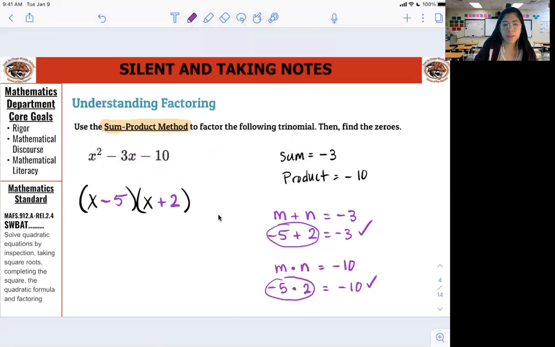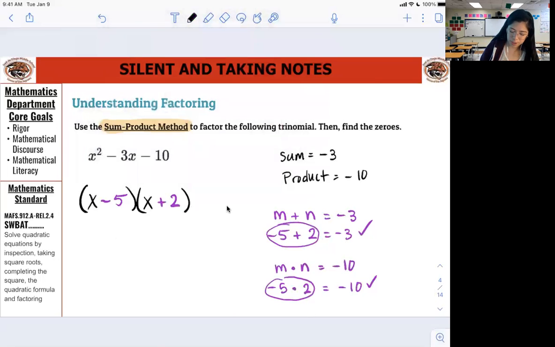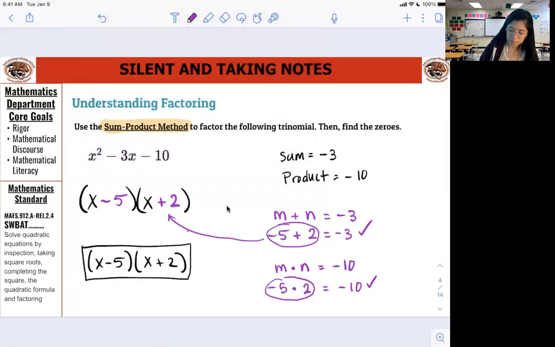Those become the numbers in factored form. So the factored form equation is x minus 5 times x plus 2.